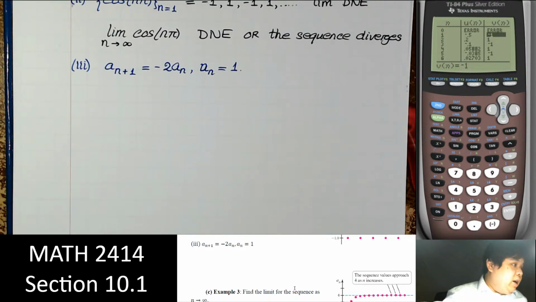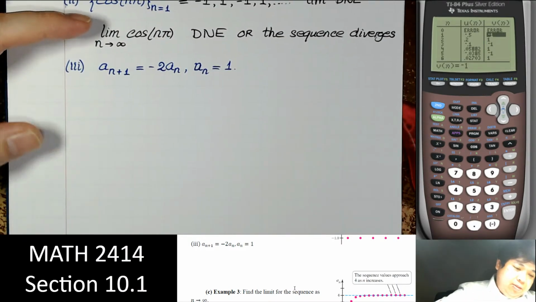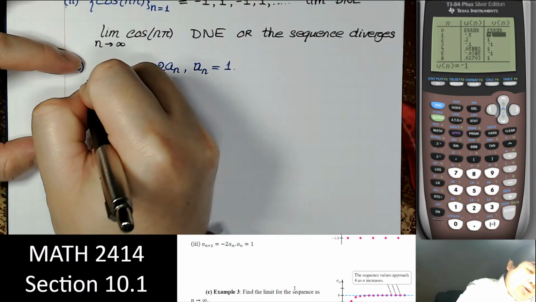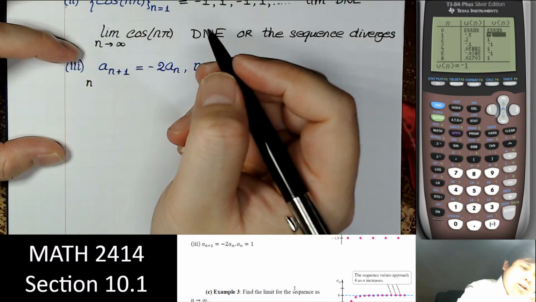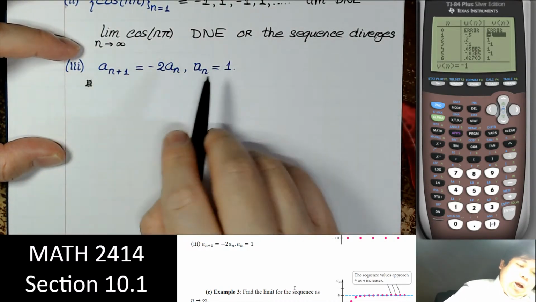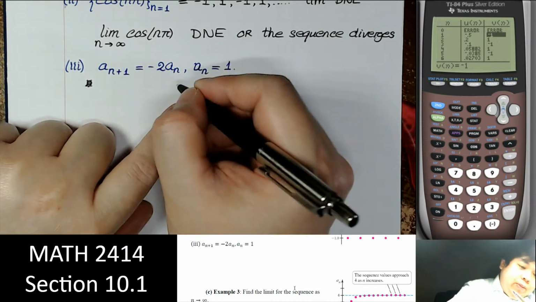Right. So again, let's write the first 4 terms. So n equal to, we know a1 is equal to 1.